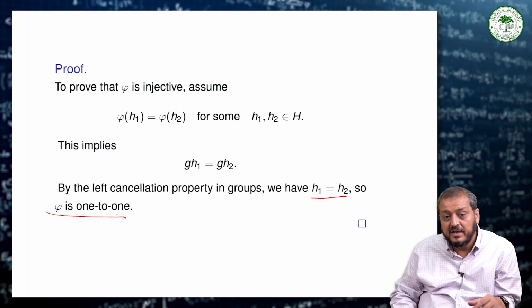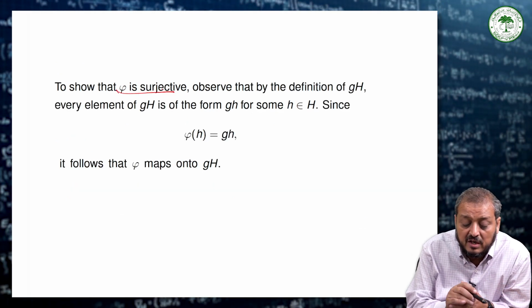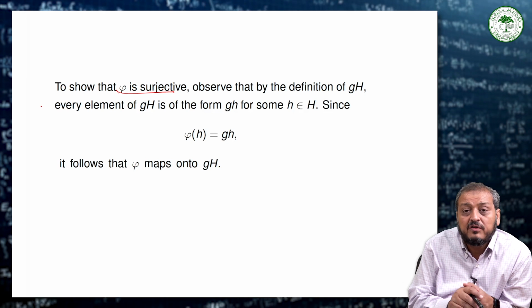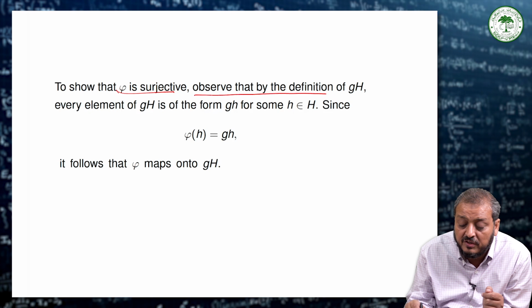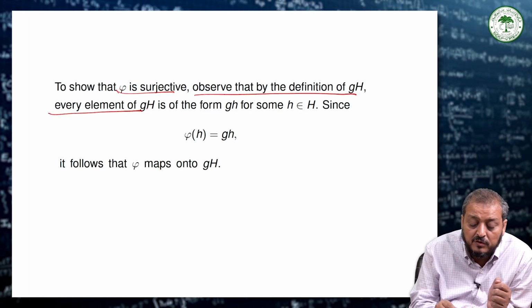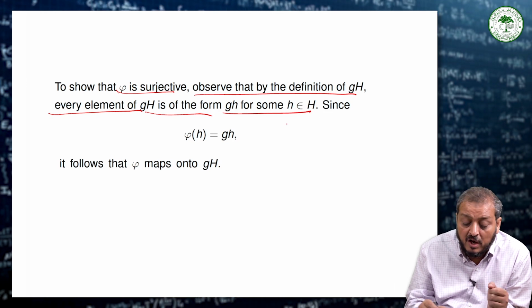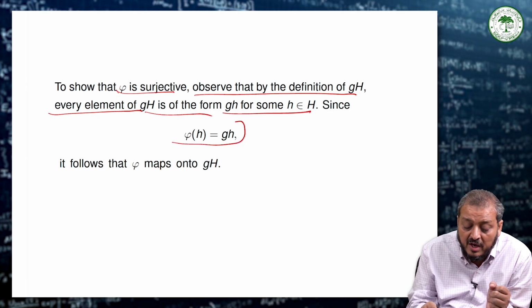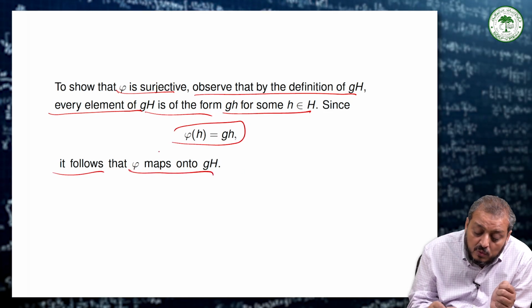Next we show that phi is surjective. By the definition of gH, every element of gH is of the form gh for some h in H. Since phi of h is equal to gh, this means phi maps onto gH.